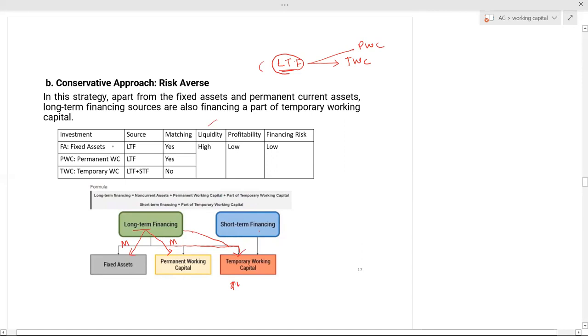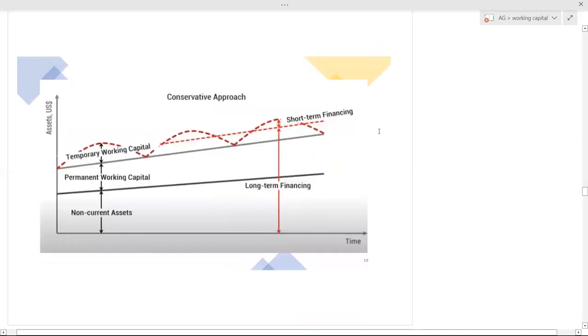Okay. So if you see, long-term funds to buy fixed assets, long-term funds to buy permanent working capital, matching, and matching is violated here. Okay. Long-term funds plus short-term funds to buy temporary working capital. Similarly, we can also show it on the graph. Okay, long-term funds, so they are being used to buy these fixed assets, and long-term funds are used to buy this one.